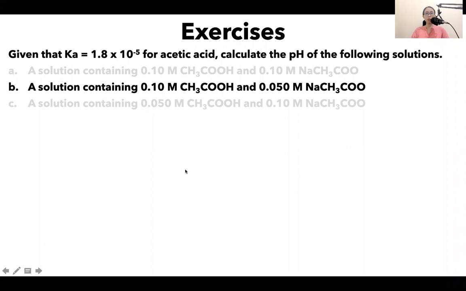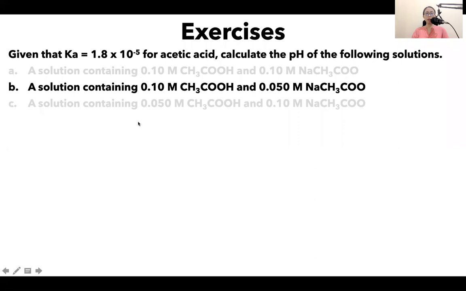Let's compute for the pH of a solution containing 0.10 molar acetic acid and 0.050 molar sodium acetate. So this time we have 0.10 molar of the weak acid, and don't forget, this is the salt of our conjugate base.